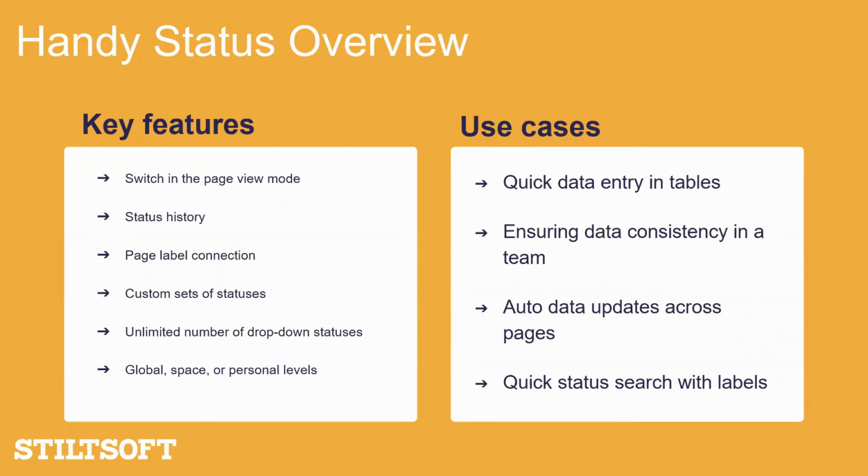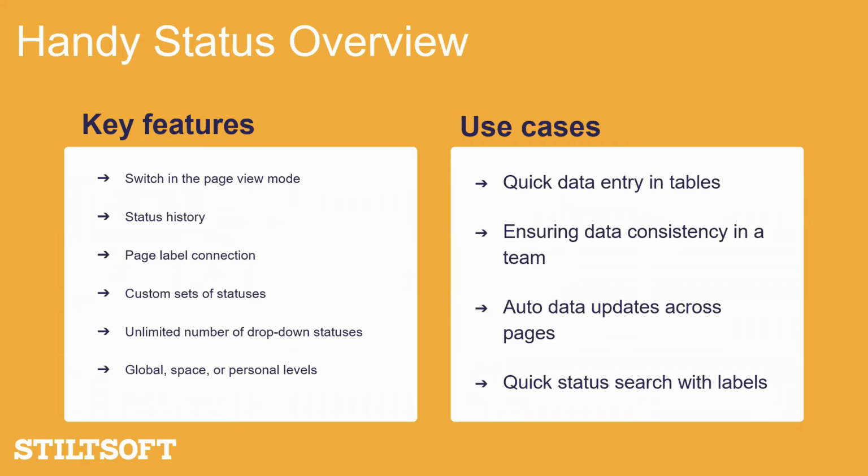Let's have a look at our handy status macro a bit closer. There are some key features I'd love to draw your attention to. Maybe the most vivid one is switching in the page view mode, but you can also take some benefits of status history, connection with labels.